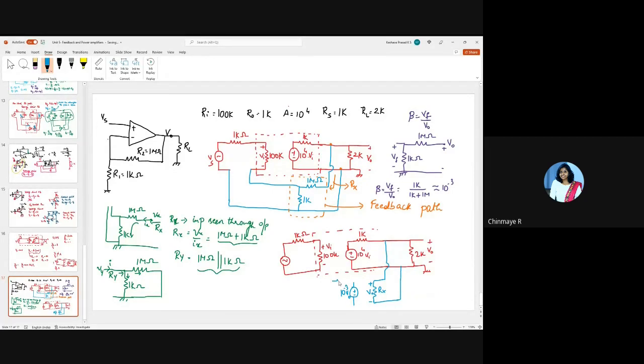And then the impedance that is seen through the input is coming in series here, right? How much is that? It's 1 mega parallel 1 kilo ohm, which is Ry, okay? And then this portion, you're feeding it back, right?